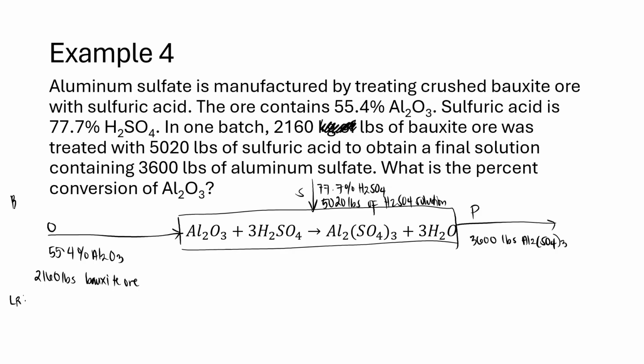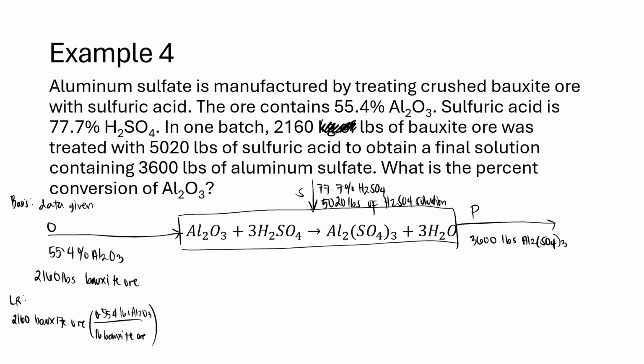The basis data given. 2,160 pounds of the bauxite ore. And then, per pound of bauxite ore, that's 55.4 pounds aluminum oxide.